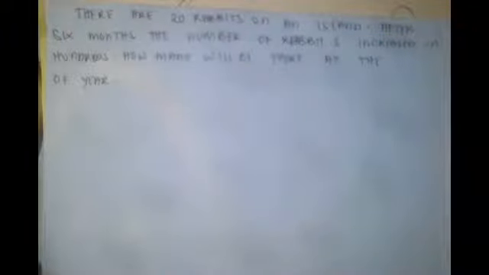For our next example, there are 20 rabbits on an island. After 6 months, the number of rabbits increased to hundreds. How many rabbits will there be after a year? First, we need to get the rate of growth.